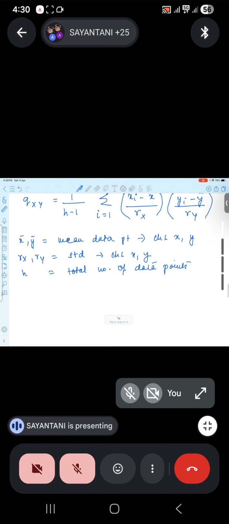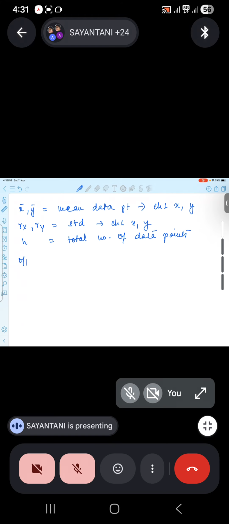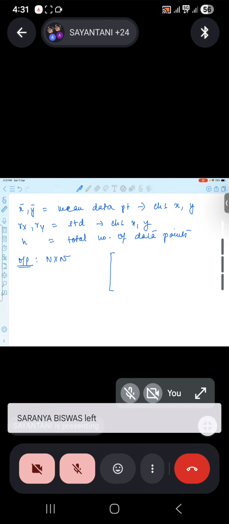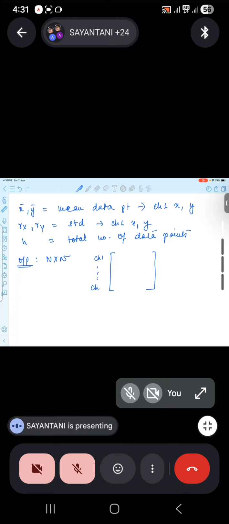Finally, from here your output will be an N cross N matrix. Channel 1 to channel N, again channel 1 to channel N. So it's an N cross N matrix, and you will have certain values, and that will help you to draw your connectivity graph, because you will get the answer like which node is connected to which, and you can easily draw your connectivity map.